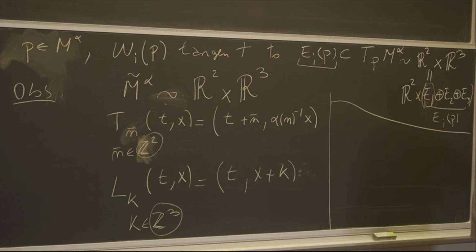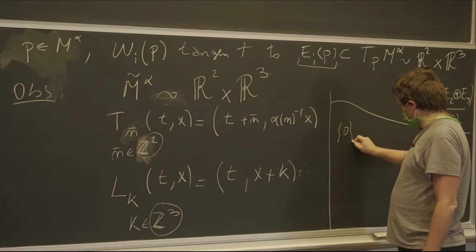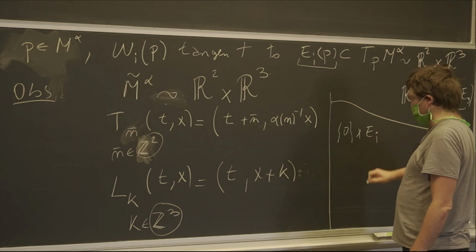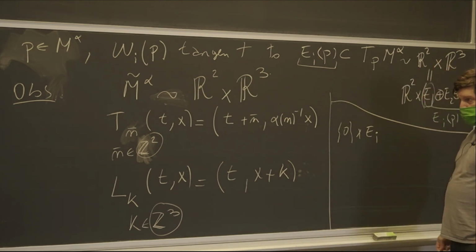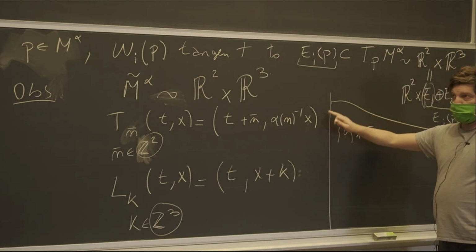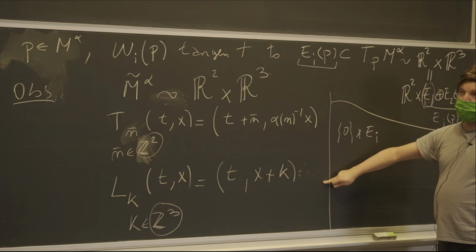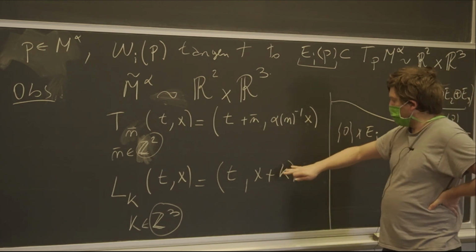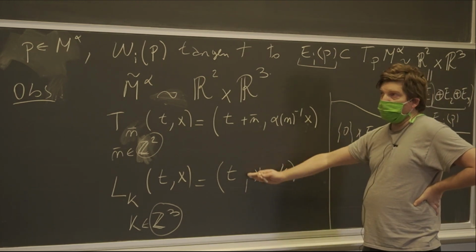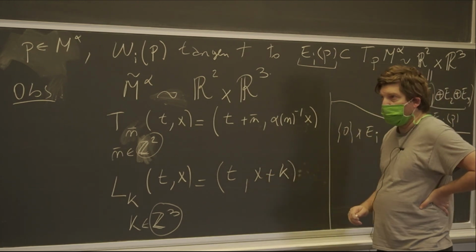Yet, these E1, E2, E3, so this space is 0 times Ei, are preserved for both guys, for the derivative of both guys. For these guys, because they are just translations, the derivative is identity, so nothing happens there.